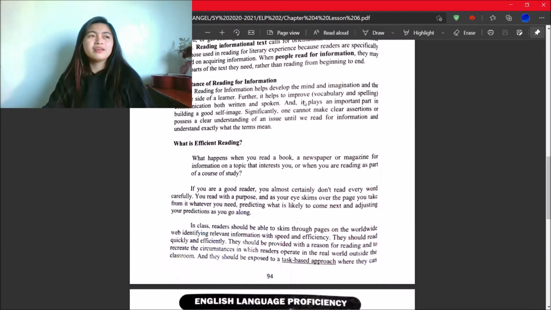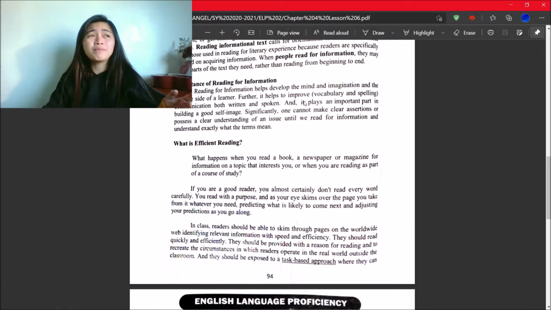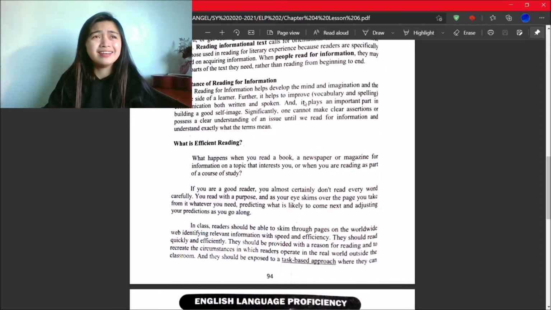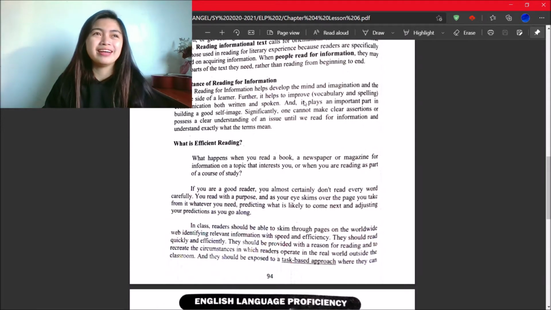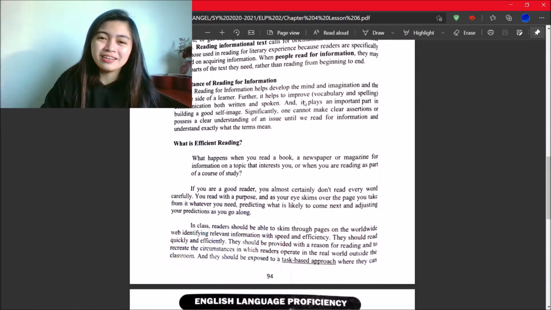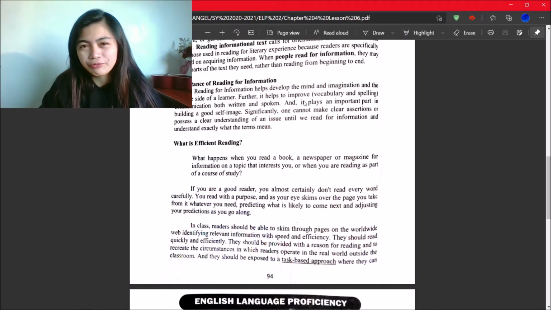And kung nakikinig kayo ng mga inspirational na mga tao na nagsasalita, lagi talaga nilang sinasabi na, you read, read, read. I know, aminado ako na during college, I'm not really fond of reading.